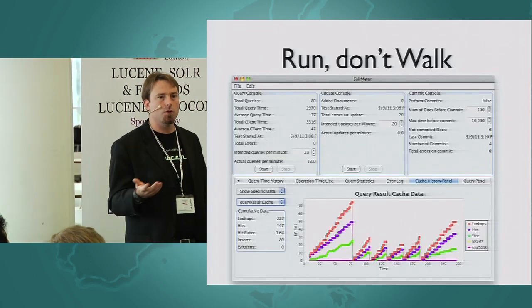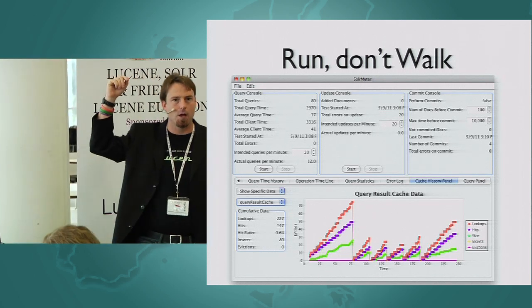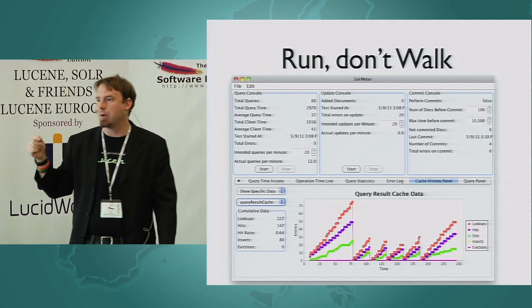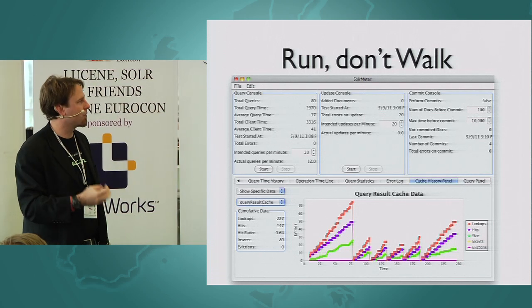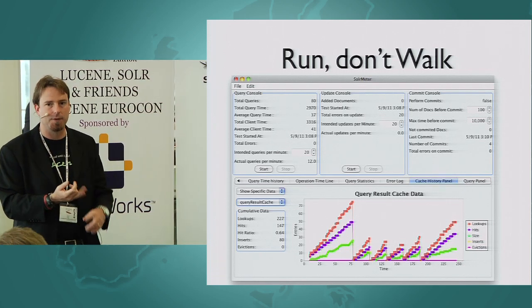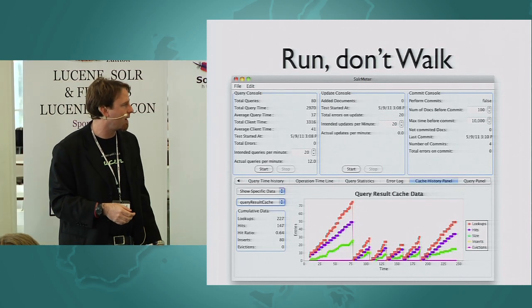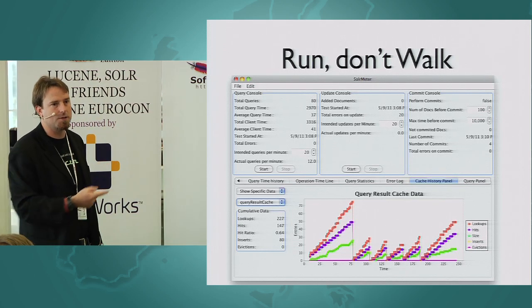We also use SolrMeter. How many people here have used SolrMeter? It's a fantastic debugging tool for working with Solr, and it is bound directly into Solr, so it understands all the caches and everything else that are in Solr. You can see here a nice pretty diagram of the query result cache data, and you can tell when commits are happening in this diagram.